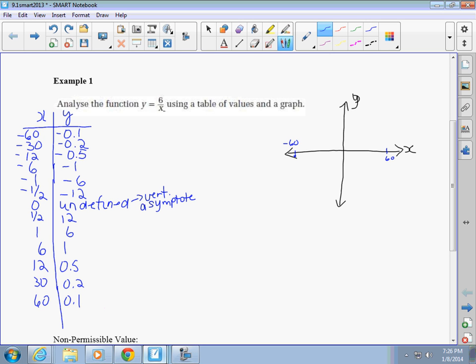At negative 30, I was at negative 0.2, so you can see if this is negative 30, I'm getting a little bit further away from my 0, but not real far away from my 0. Negative 12, I was at negative half. So negative 12 is going to be about there, and about a half. I'll call this 0.5.